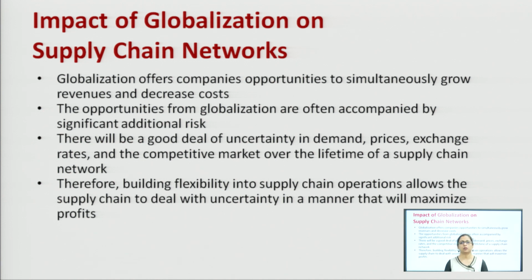Moreover, the fluctuation of prices and currency rates may also lead to an increase or decrease of the supply chain cost. Also, since the companies are offering products in different countries, a lot of competition pressure is there, which all the companies need to sustain and live with.